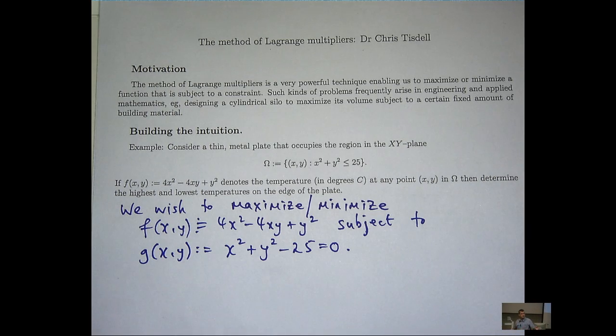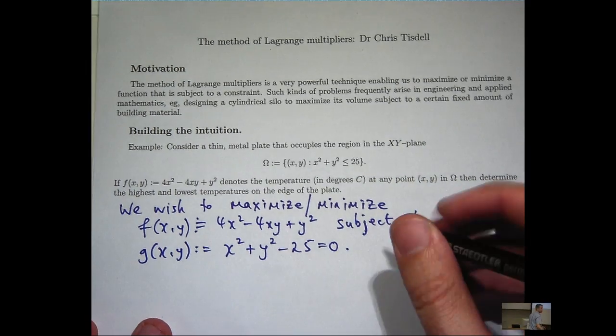Okay, so how do we do it? Well, the Lagrange multipliers method relies on the following fact.